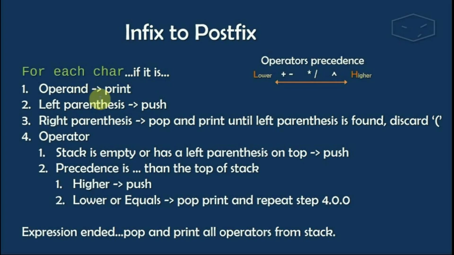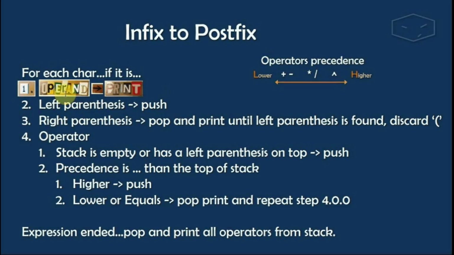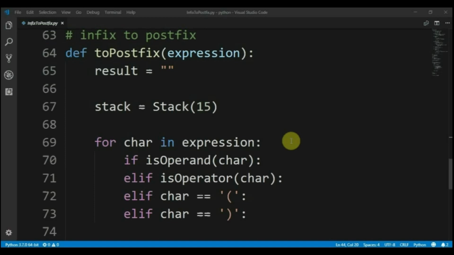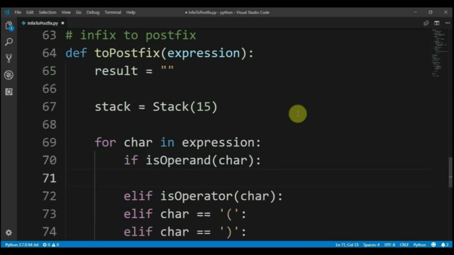Now it's time to do the operations themselves, the actions. So the first one is if the char is an operand, we must print. Back to our code, we just have to go here, is operand, and since we have a result, a string, we just have to do result plus equals char.